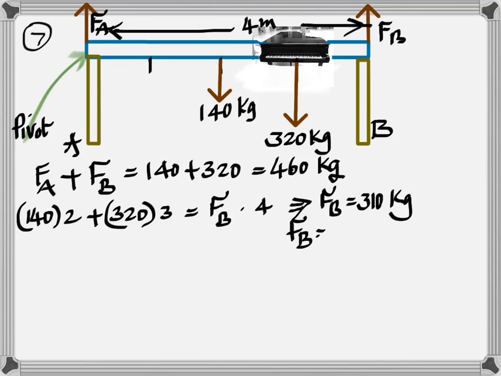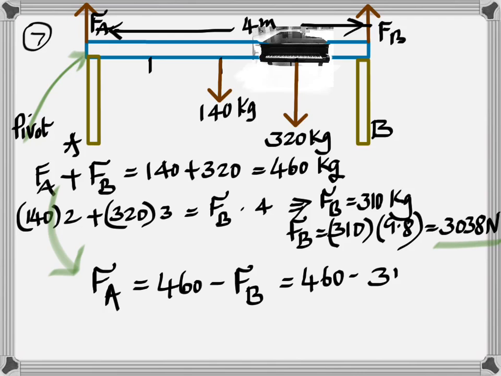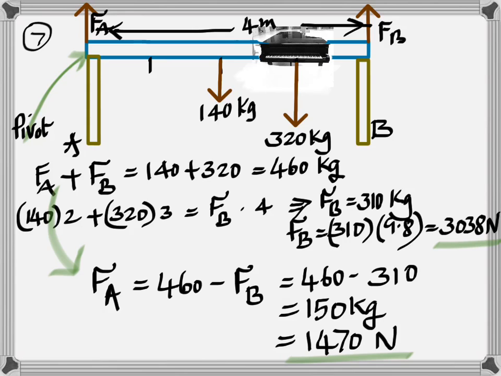Multiply each force with the correct distance from the left end very carefully, and get that as 310 kilograms. But since you want the force, you just multiply with 9.8. And then FA is 460 minus FB, from which you get FA in kilograms, and then change it into newtons.